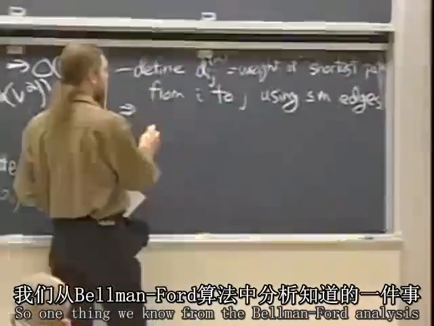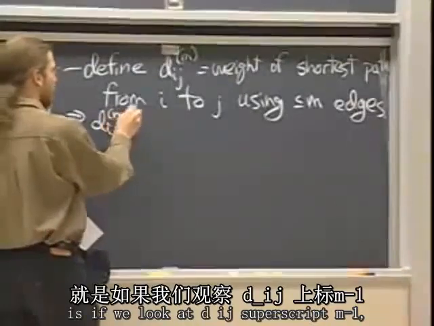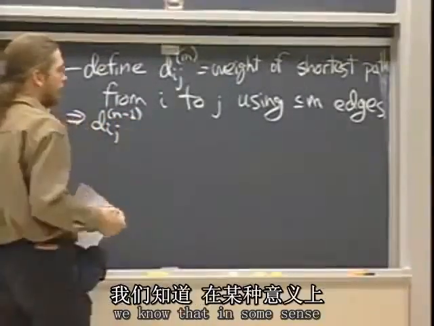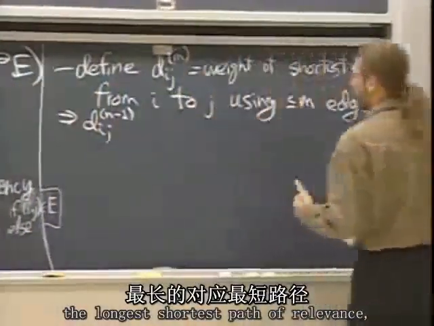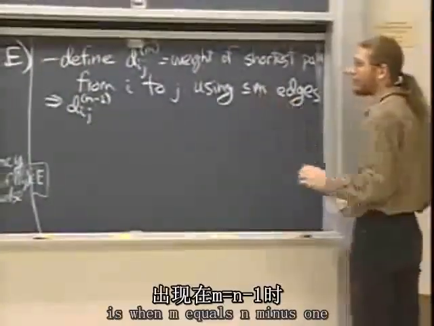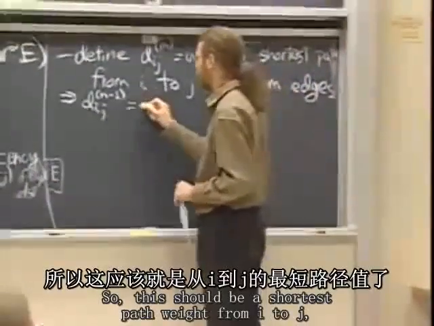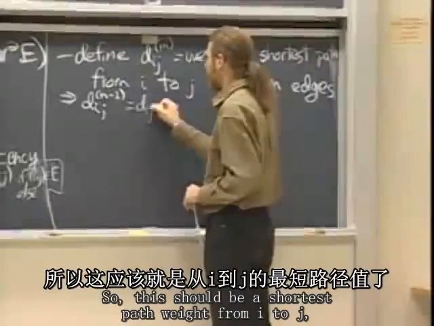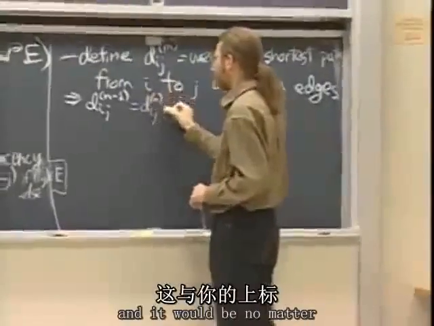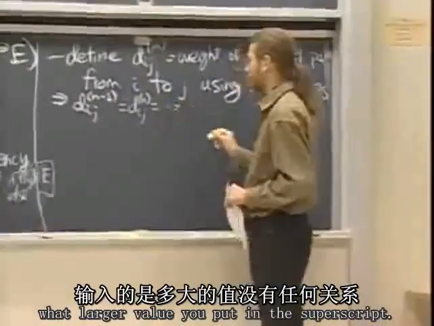One thing we know from the Bellman-Ford analysis is if we look at d_ij superscript n minus 1, in some sense the longest shortest path of relevance, unless you have negative weight cycles, is when m equals n minus 1, because that's the longest simple path you can have. So this should be the shortest path weight from i to j, no matter what larger value you put in the superscript.